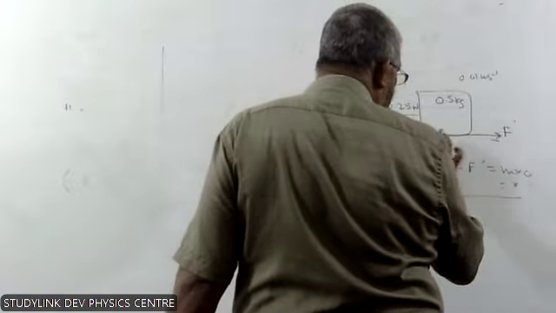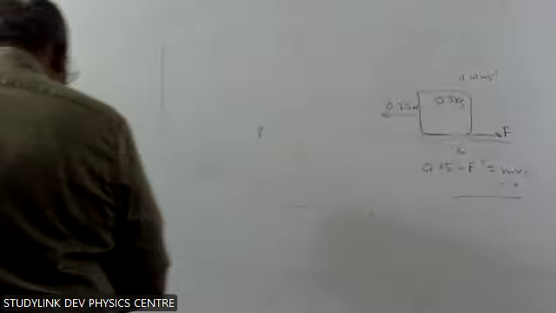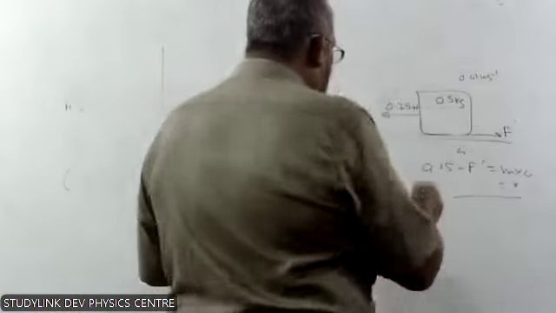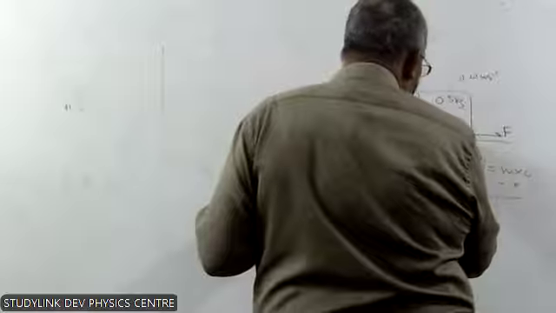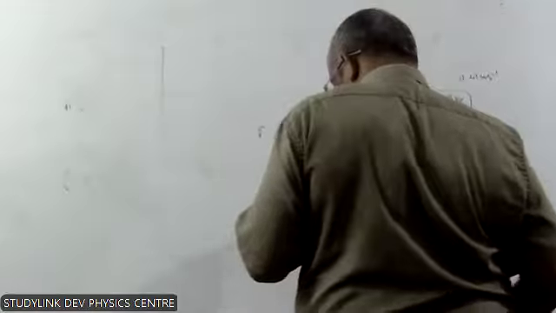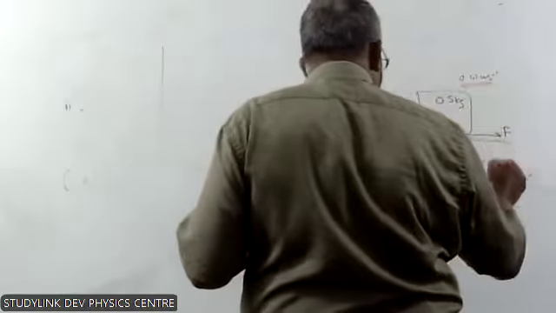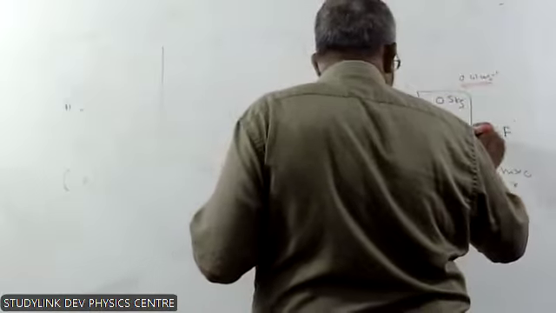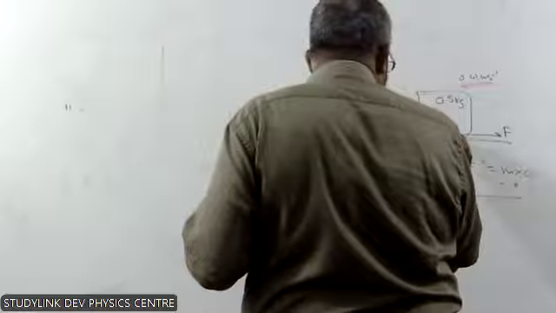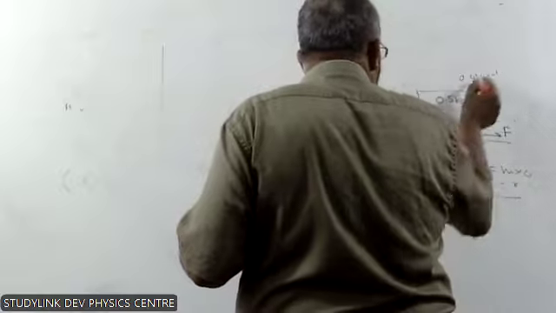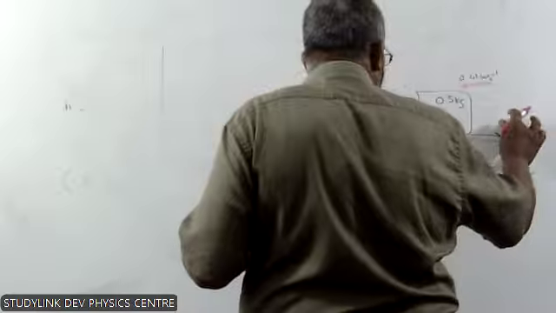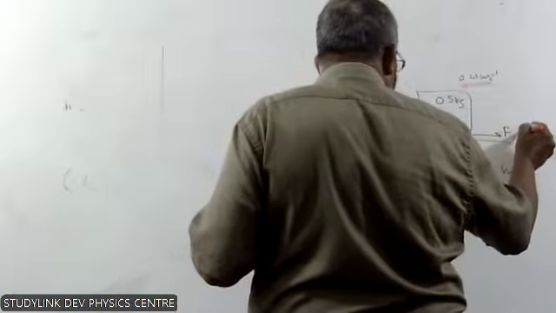Second part, there is a layer of oil, like this. Then it is moving with the same constant velocity. So now what is happening is this layer is getting the same velocity as the block. We'll say this F1 is a viscous force.